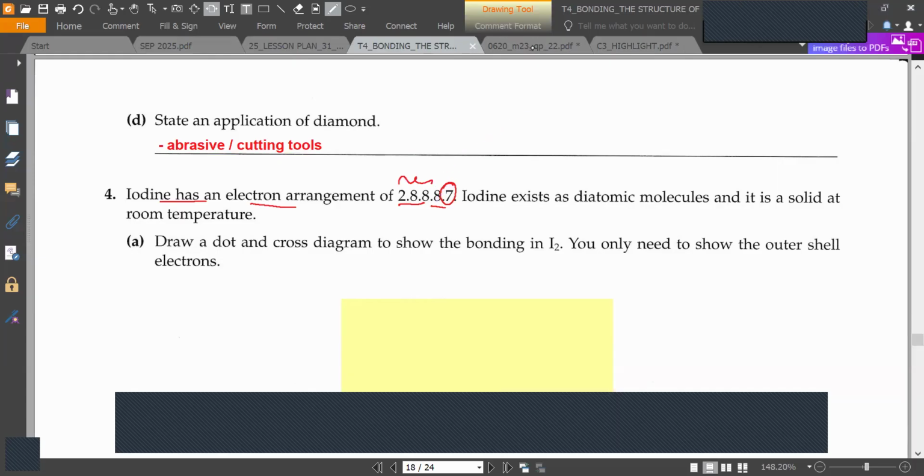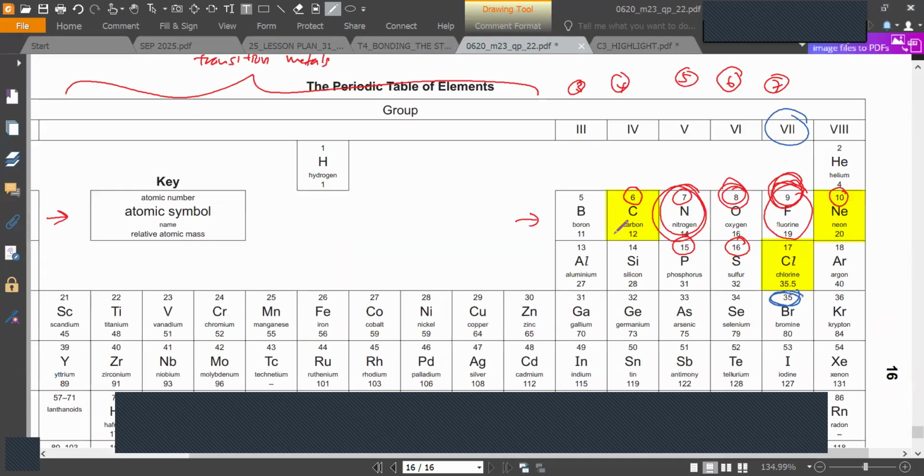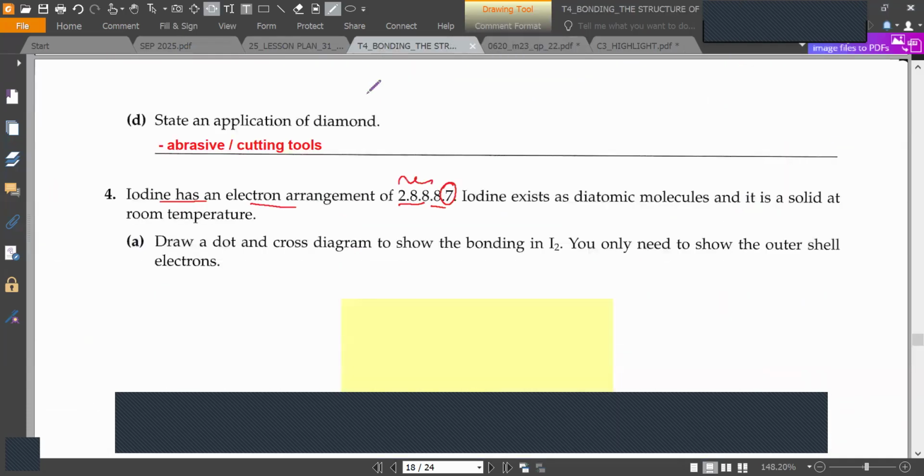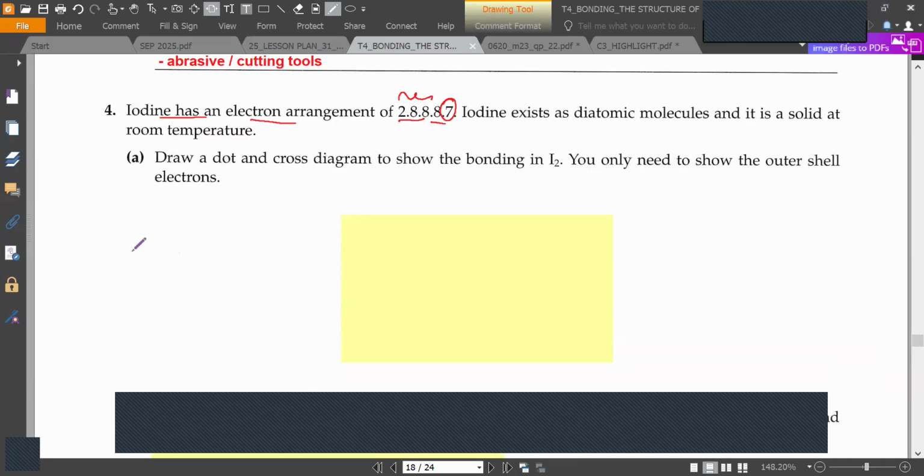If we look at iodine, it is in group 7. Iodine in group 7 means it has 7 outer electrons.